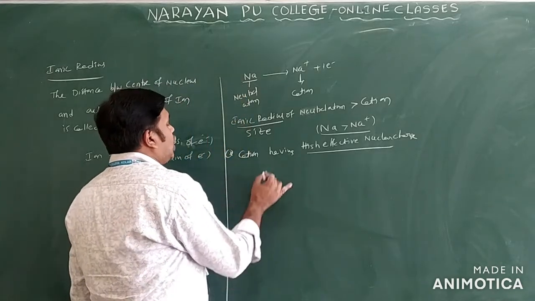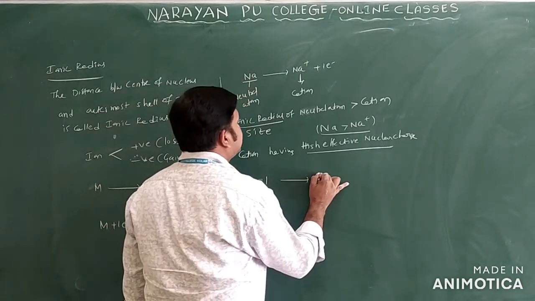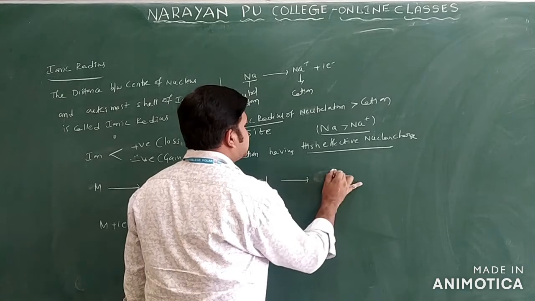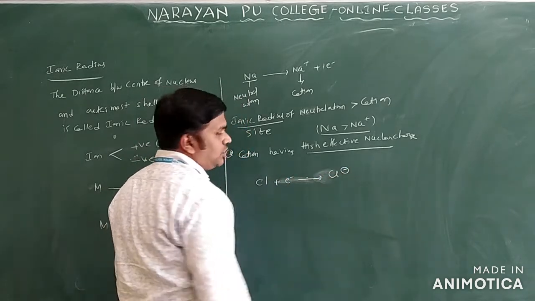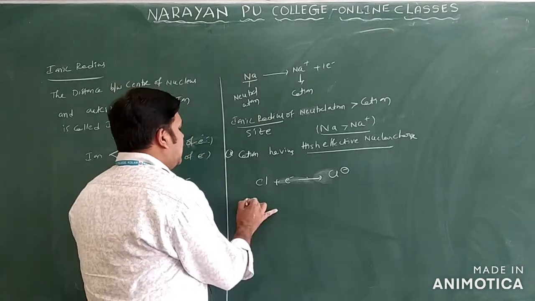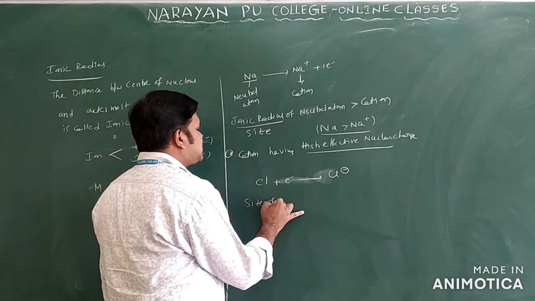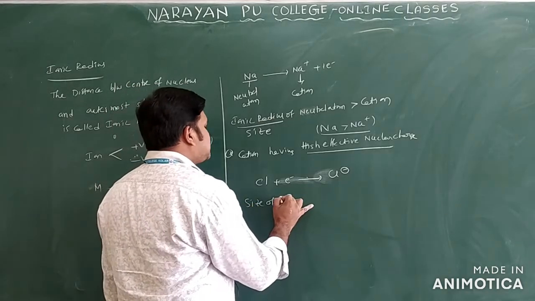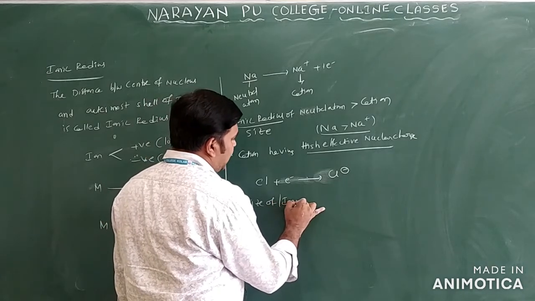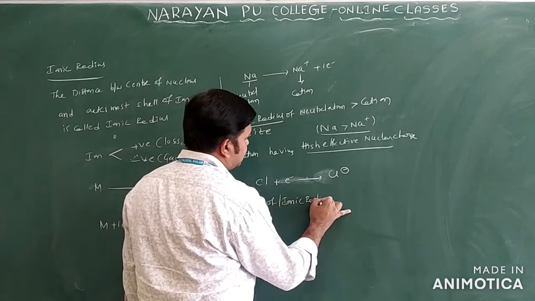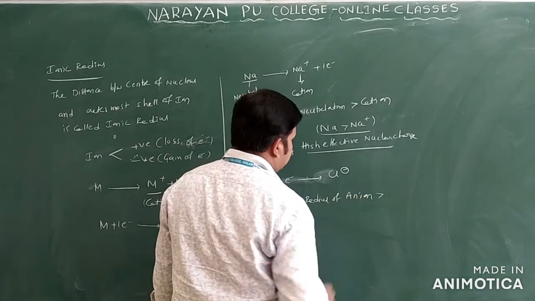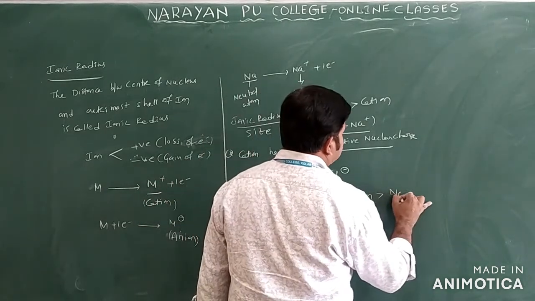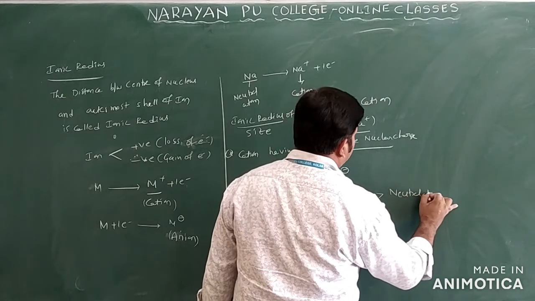Now I am taking Cl. Cl gives rise to Cl minus. How does Cl give Cl minus? Cl gains 1 electron and is converted into Cl minus. So the size or ionic radius of an anion is greater than the neutral atom.